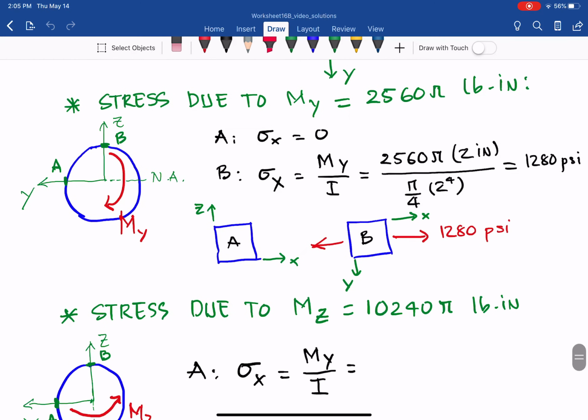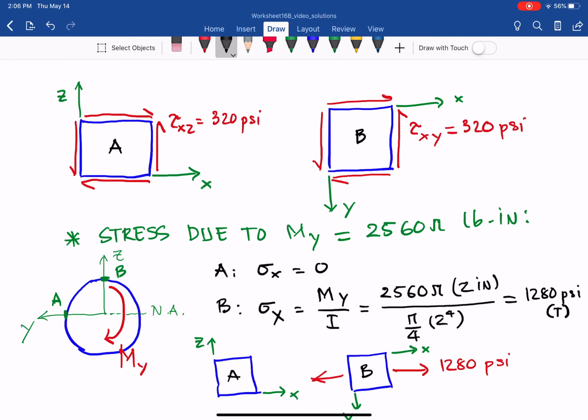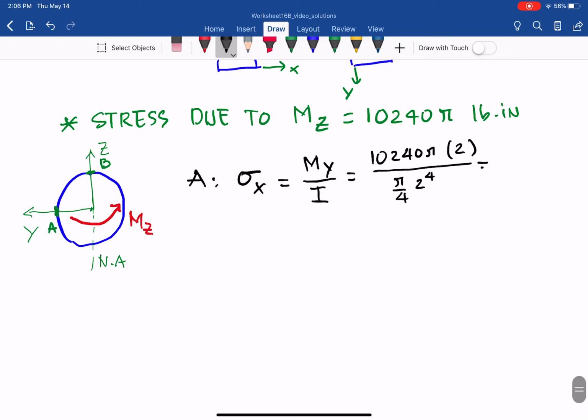And this one will be tension, and the next one also tension at A, so we plug in 10,245, y equals 2 inch, over I, 5 over 4 to the 4, and that number equals 5,125 psi, and that is also in tension.